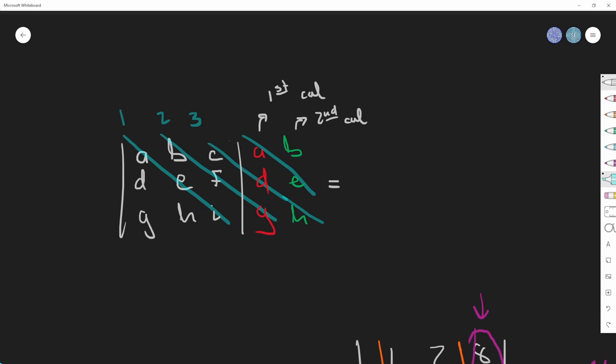So that'd be 2, and then obviously the other one's 1. So you'll have the multiple of the first one. So it'll be A, E, I, and then B, F, G, and then C, D, H, and then you add them all together.